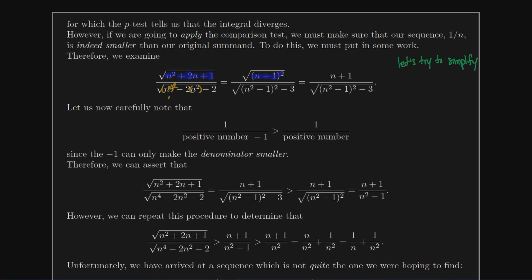So if we complete the square on this quadratic, where really the entire n squared term is playing the role of my variable, with a being 1, b being -2, and c being -2, you're going to find you have a coefficient of 1 out front, a subtraction by 1, and then a subtraction of 3 at the end. And so when you complete the square in the denominator, you're going to get root of (n squared minus 1) squared minus 3. The numerator, because you have a square of a perfect square, those will cancel, you just have n plus 1 in the numerator.